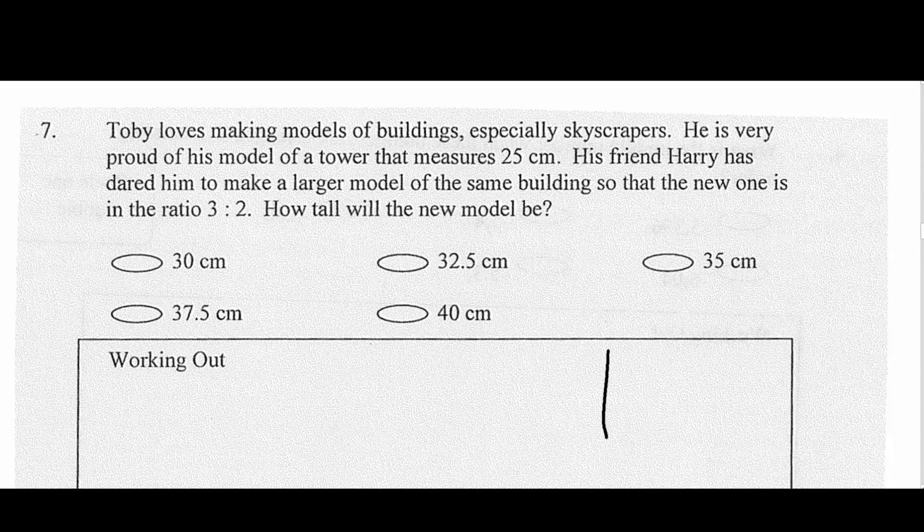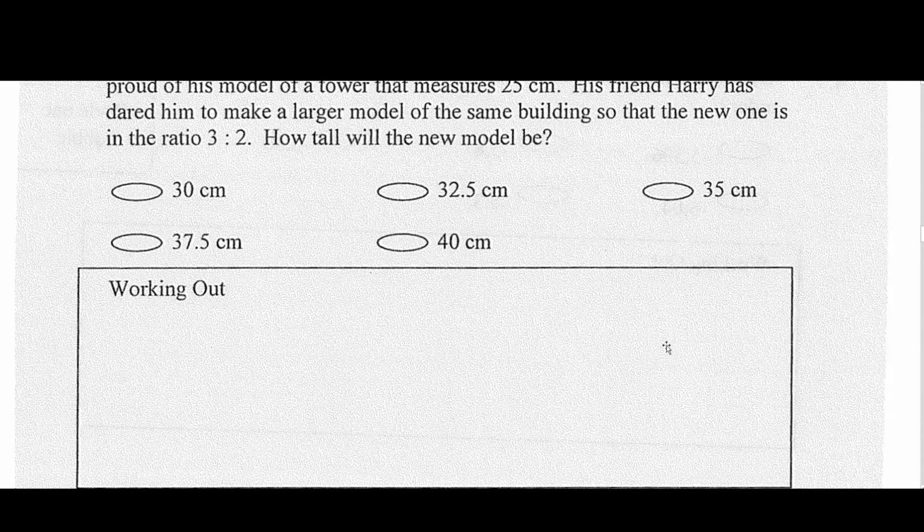All right, so here's his building. Let me draw that again, down here a bit. And it's 25 centimeters. All right, and the ratio, he wants to make it bigger.